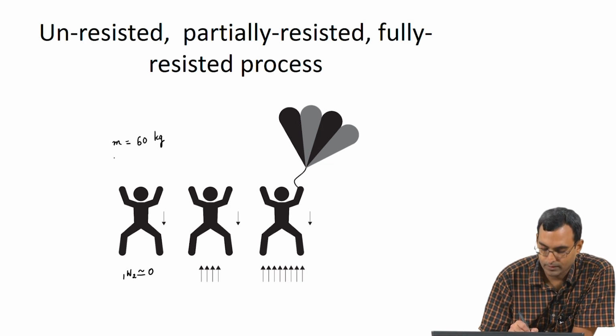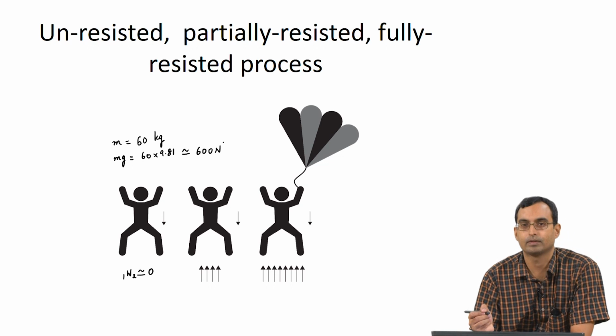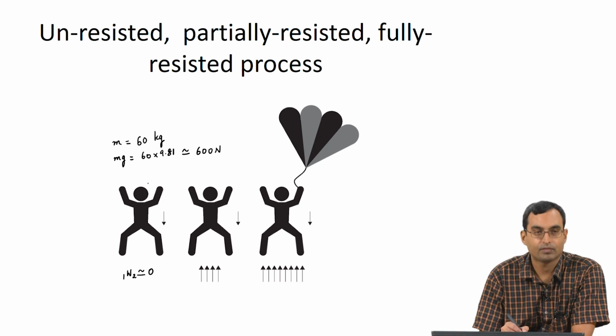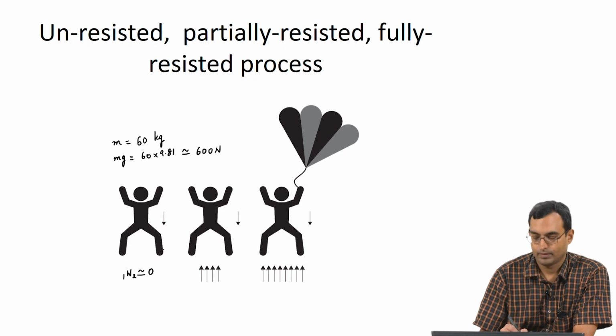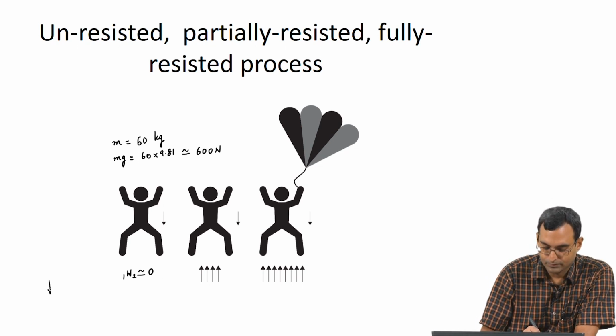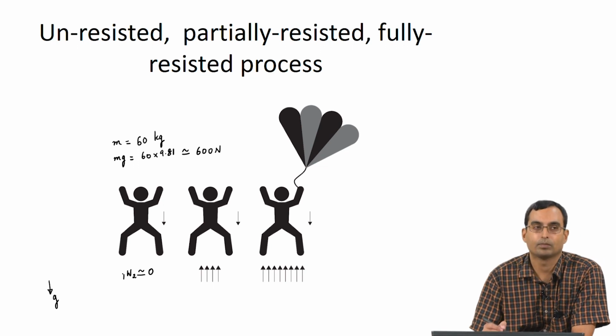So, the person's weight would be essentially mg, which is 60 into 9.81. Since I am not using a calculator at the moment, I am going to assume this to be 10, which is approximately equal to 600 newtons. So, if the person just falls freely without any resistance, the person is accelerating. Gravity is in the downward direction, the person is accelerating, but any work interaction is 0.